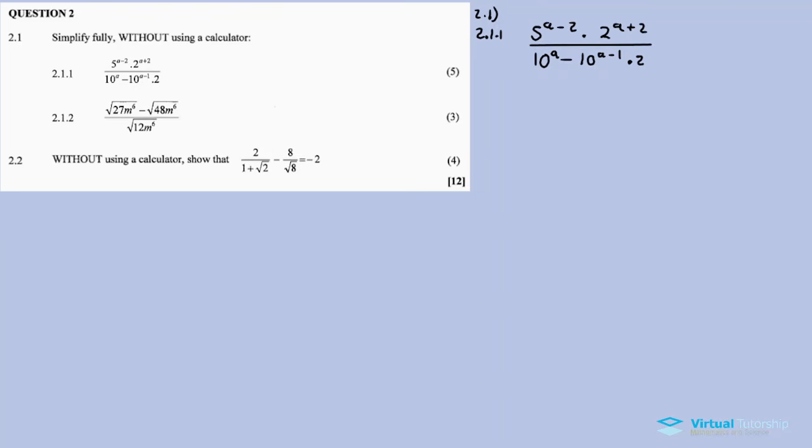Ngiyoba splitter or reversing this power law or exponent law ethi if you multiply powers of the same base, a^x times a^y is equal to a^(x+y). So therefore mina lama powers wama given as such, mina ngiwa splitter to that, right? So I'm assuming with the logo uyakwazi already.